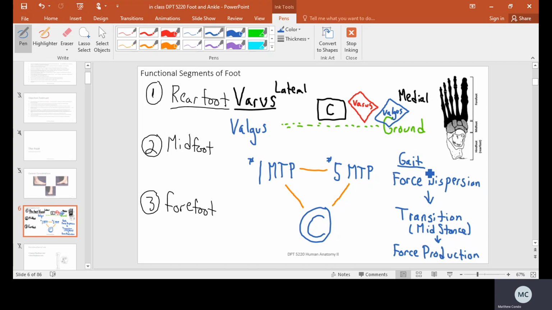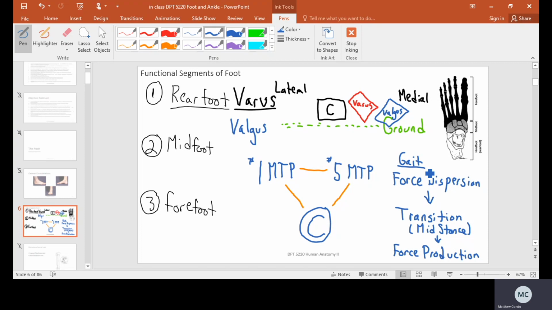So here's what I want you to think about. And again, do this on your foot. If I have rear foot varus that's happening, what position did that place my foot and my ankle in? Inversion, okay?